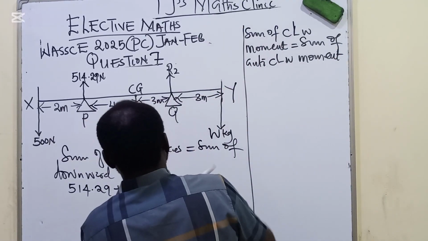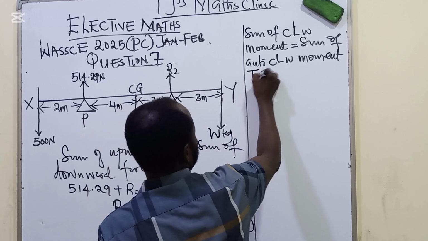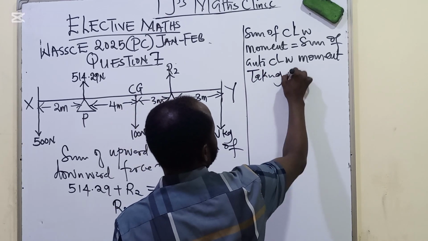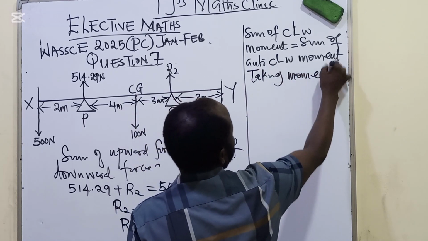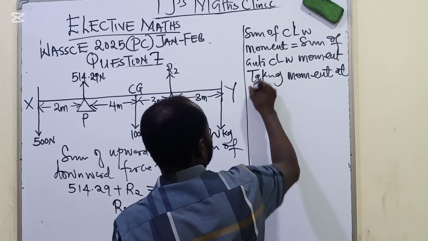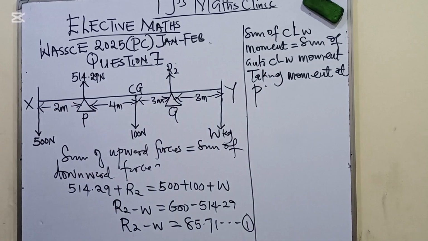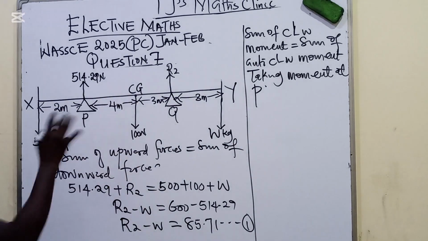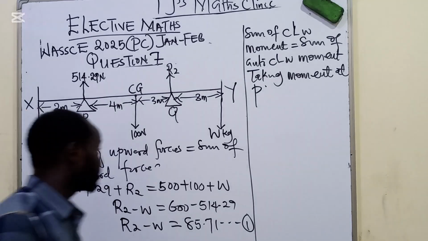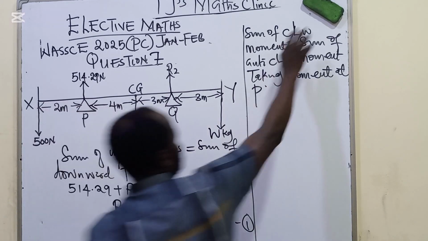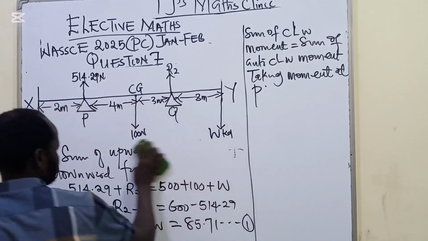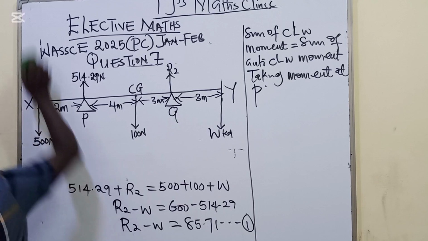That's taking moment at P now. Taking moment at P, what will be the forces that will be acting in clockwise direction and anti-clockwise direction? Let me remove this part to show you the forces.